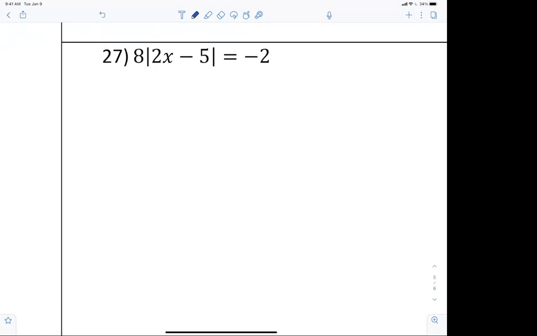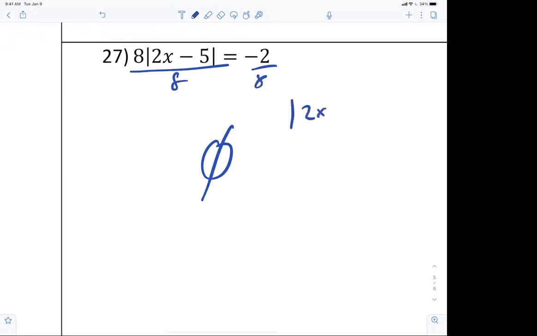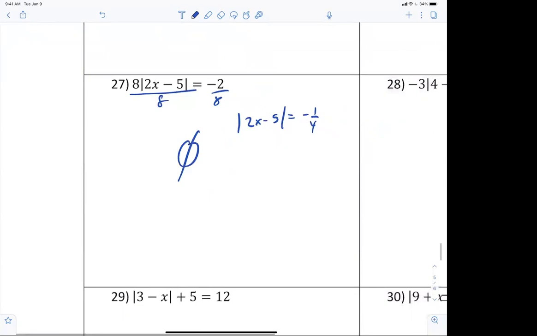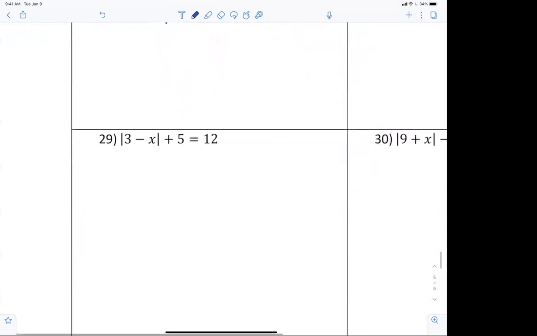The solution is there is no solution. I know what you were thinking. But if I divide that by 8, now you have the absolute value of 2x minus 5 equals -1/4. Yes, I know. You're having one of those moments. I agree.